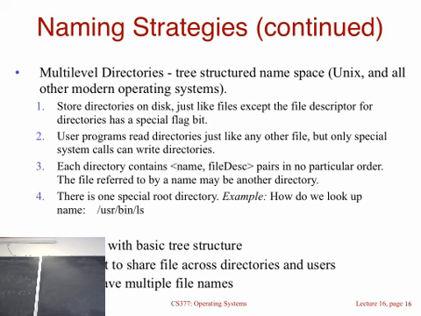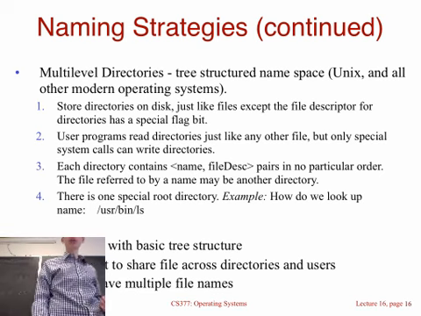So if I have slash home slash a slash file.txt, then in order to look up that name, you start from the root directory, find the home directory, find the user A directory, and then file.txt, and that points to the actual file you're looking for.